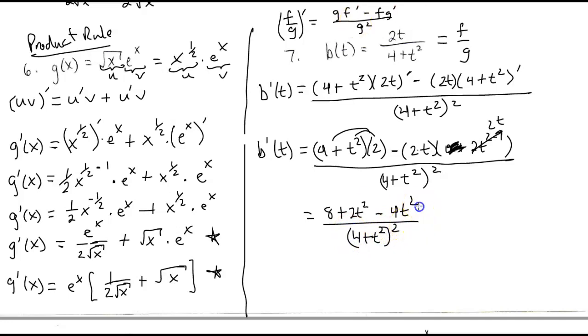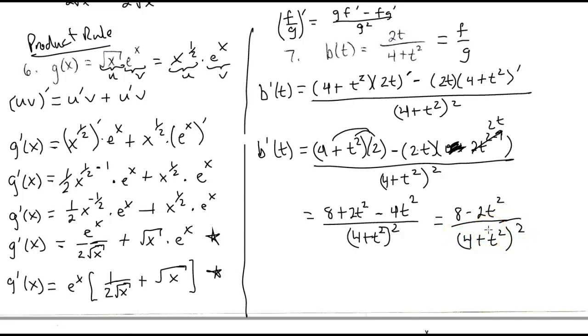And then all we need to do now is just simplify the numerator. And if we do that, that would be 8 minus 2t squared. All that over 4 plus t squared, and entire denominator squared.